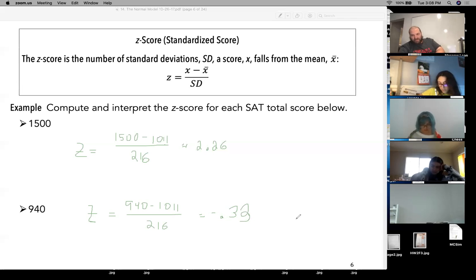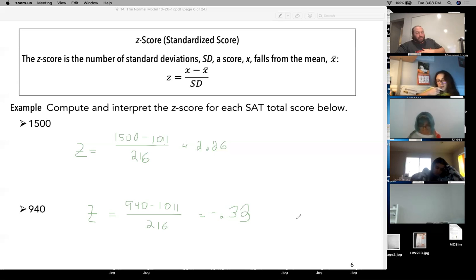Negative, because you're beneath the mean. Yes, the mean's 1,011 and you're at 940. How are you not beneath it? Oh, now I'm confused again. 940 is to the left of the mean, isn't it?